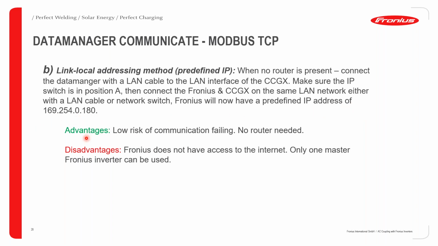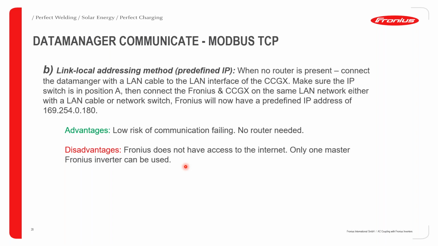169.254.0.180. The advantage here is that there is a low risk of communication failing because there is a direct connection, and this can be either through just one cable to the SOLAR.WEB or the connection going through a network switch. So in this case, no router is required. The disadvantage here is that there might not be internet connectivity when you have just a direct connection to the SOLAR.WEB.